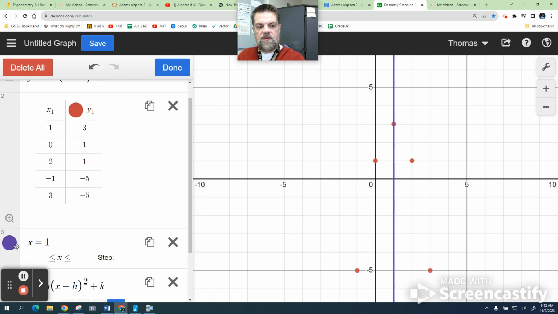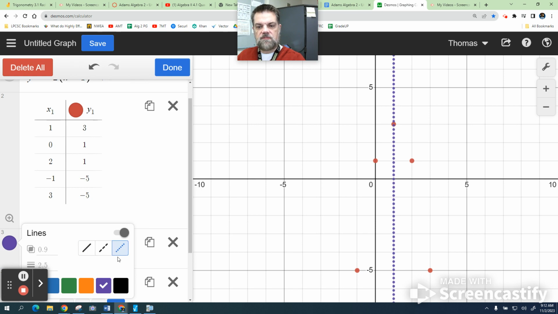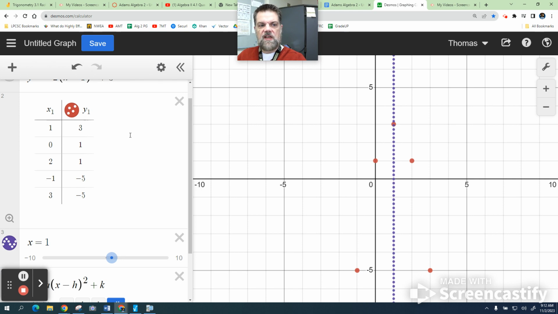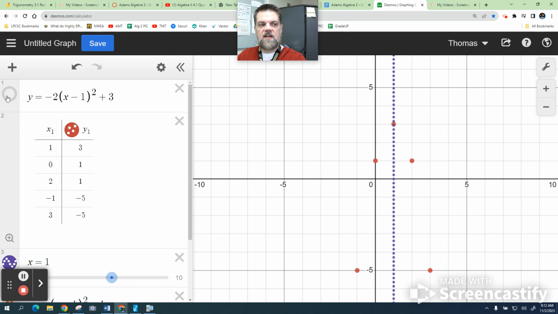And you guys don't know this yet, but you can go in here and change that to a dotted line like that. So that's my line of symmetry. Now watch what happens when I turn on the graph. Okay? Any questions?